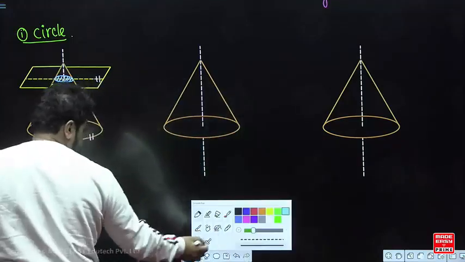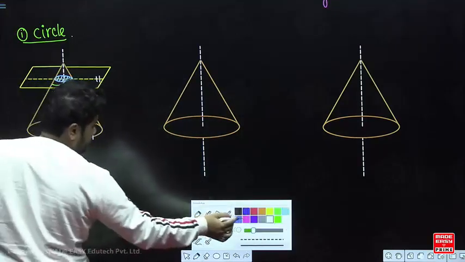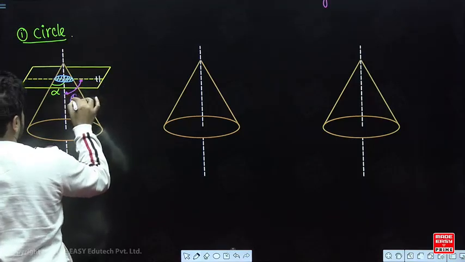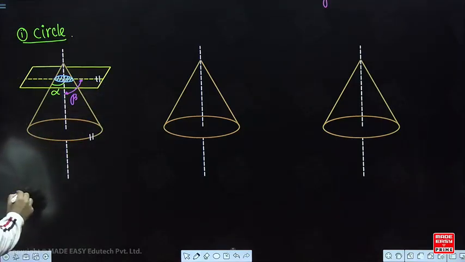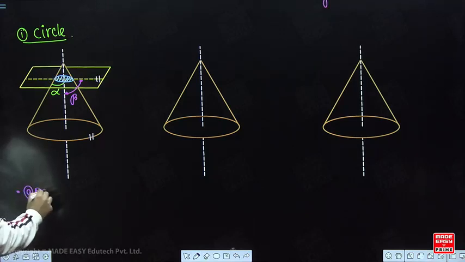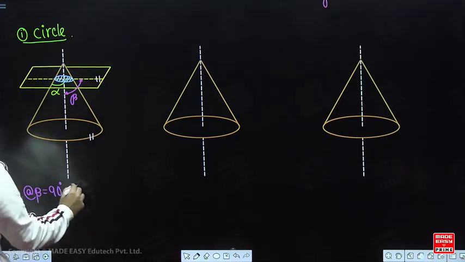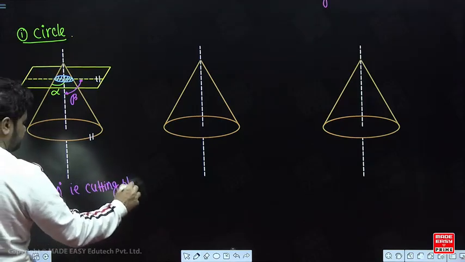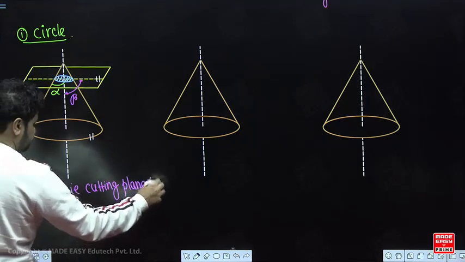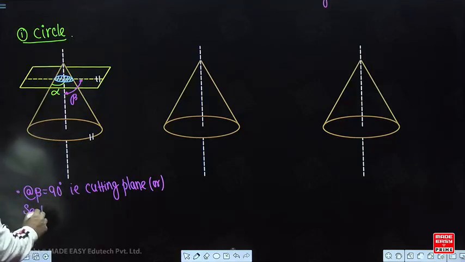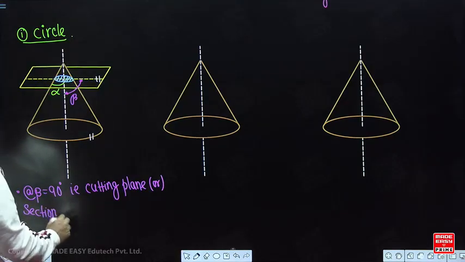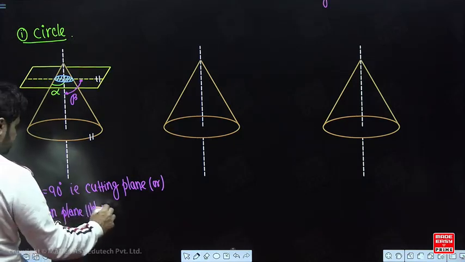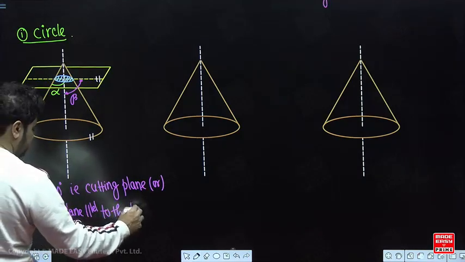If I say this angle is beta, what is the condition? If beta is equal to 90 degree, that is, the cutting plane or section plane is parallel to the base.